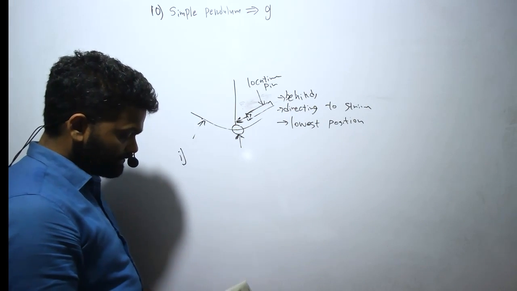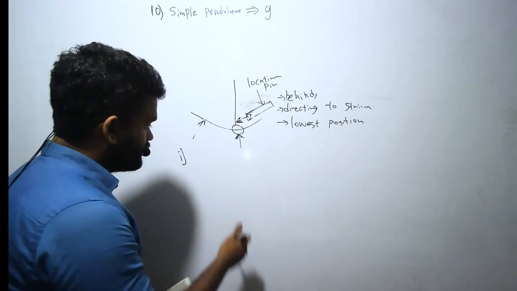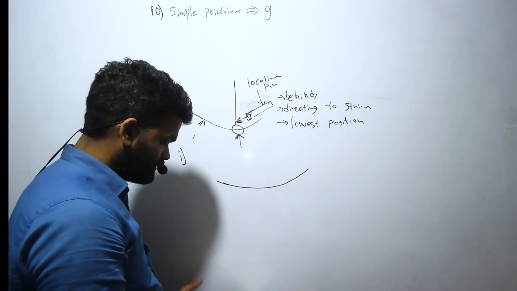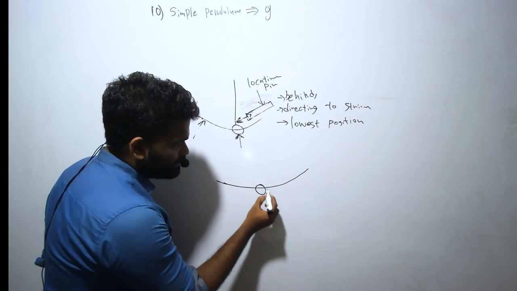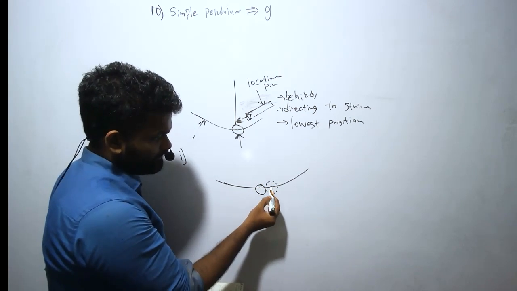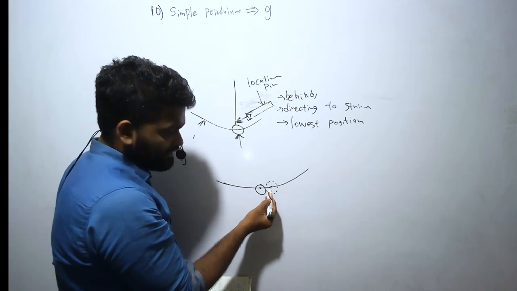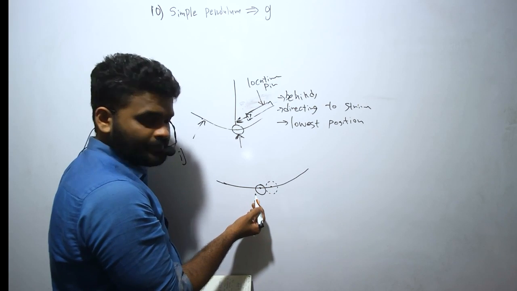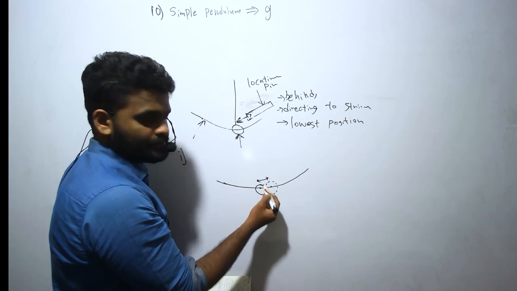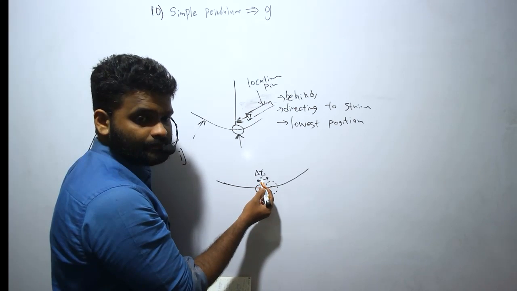So let's say this is the oscillation, right? At the lowest point, I'll just draw two positions of the bob. As this oscillates, at the lowest point, this has the highest speed. So the time between these two positions, let's say that is delta t1.